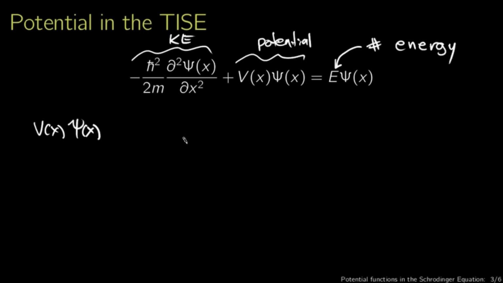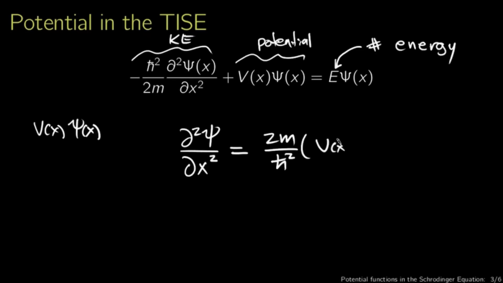What you get is the second derivative of psi with respect to x being equal to 2m over ħ squared times (V(x) minus E) psi. So this quantity relates the second derivative of psi to psi itself.